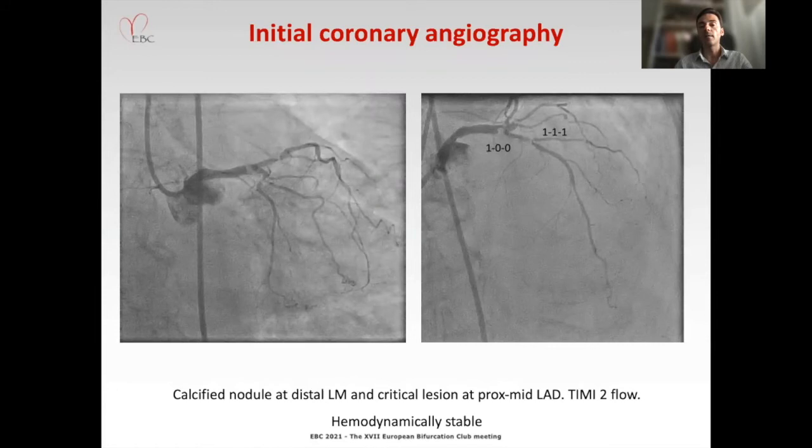So in summary, we had two bifurcations in series, one at the distal left main with a calcium nodule, 1,0,0 of Medina, and the other one at the proximal mid LAD with some involvement of the diagonal branch, 1,1,1 of Medina, but the diagonal branch had 1.5 to 2 millimeters of diameter.